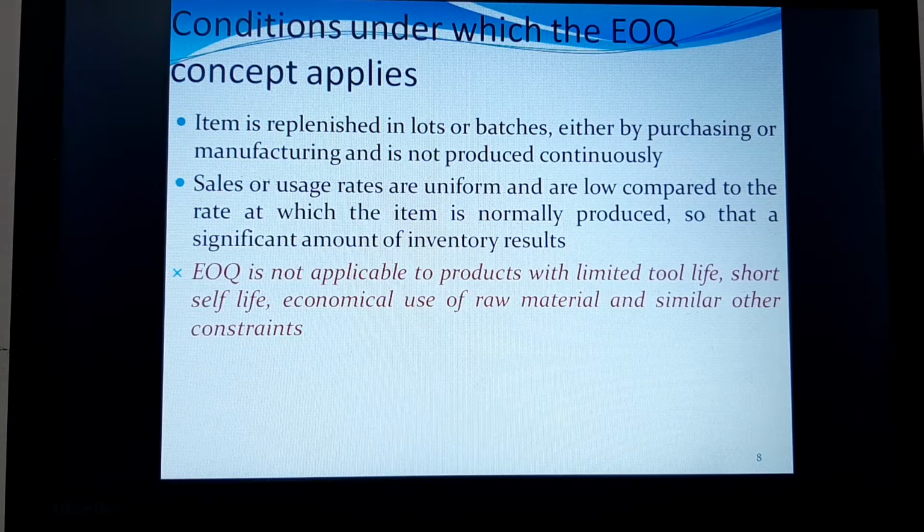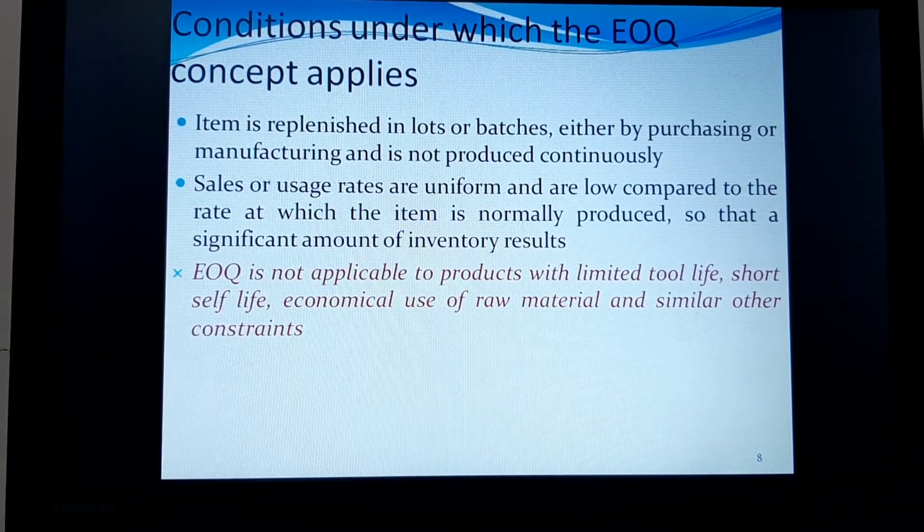So you will be having a sufficient amount of inventory. And this is not applicable to products where you have limited tool life, short shelf life, economical use of raw materials and similar other constraints. So these are the conditions under which EOQ can be applied, and there are conditions under which EOQ cannot be applied.